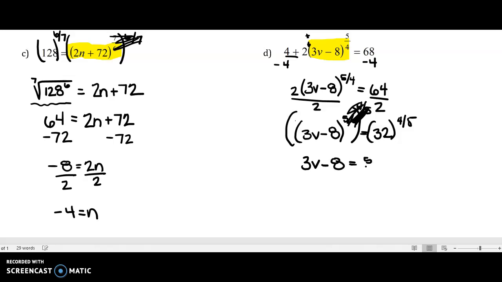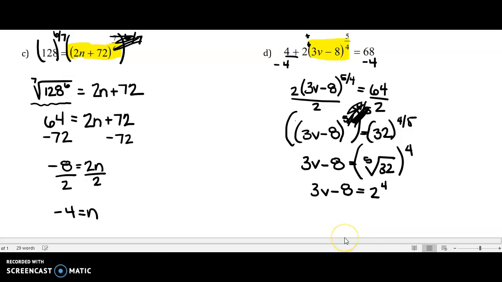This is the 5th root of 32. That power can either be on the inside or the outside, so I could write it like this too. The 5th root of 32 is 2. So that's 2 to the 4th power. So 3v minus 8 equals 16.